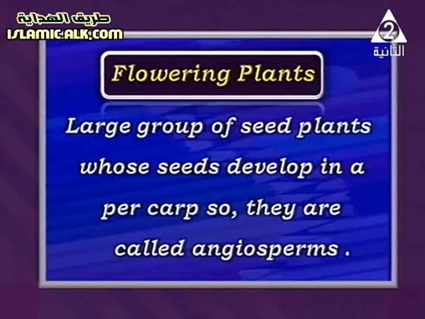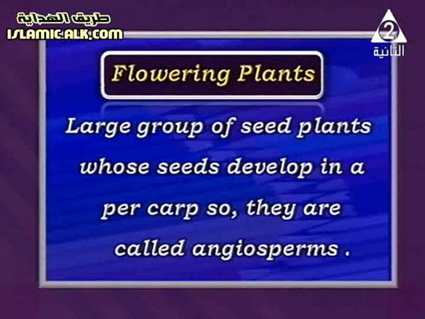Again, they are a large group of seed plants. The seeds are developed and formed inside an envelope we call the fruit envelope or pericarp. So they are called angiosperms. Angio here means covered, and sperms means seeds.